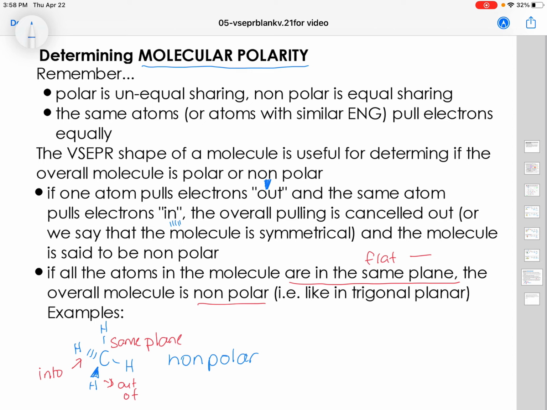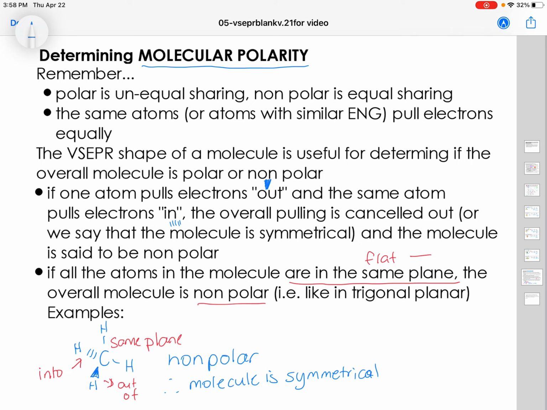And if you're asked to give a brief reason, you can literally say molecule is symmetrical. Or the in and out cancel out. The overall pulling is canceled out. Whatever you would like. Very brief reasons.